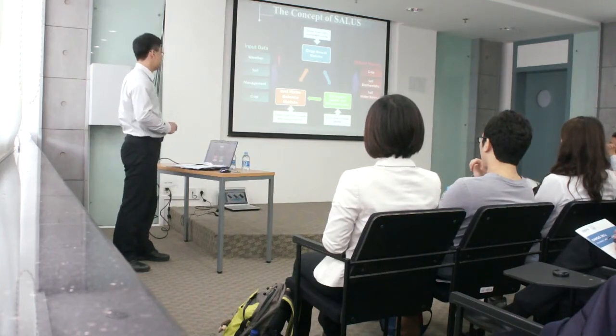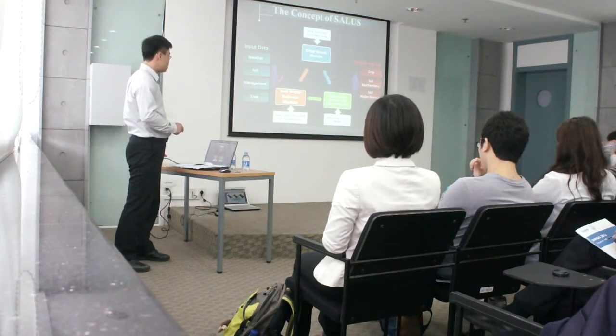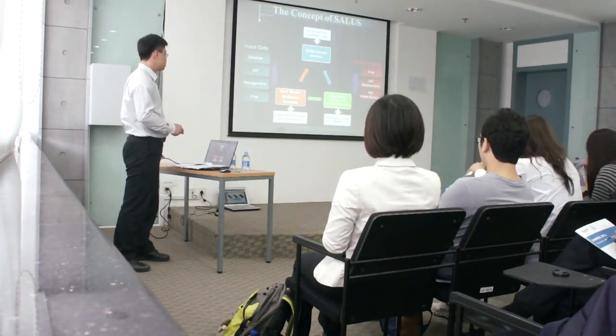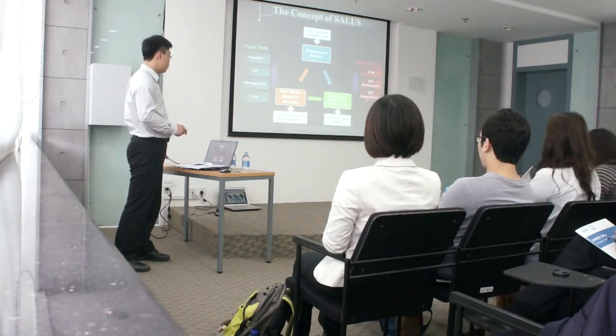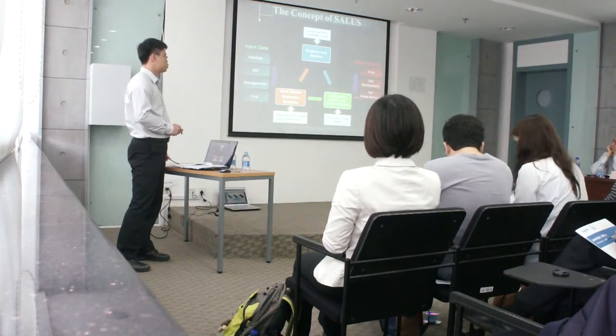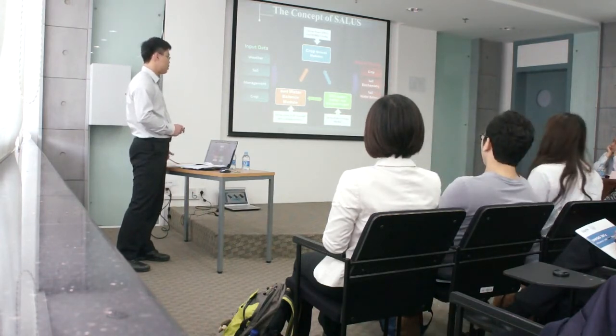And this input data will be calculated by 3 different modules in the model. And the model will produce hundreds of outputs. We could categorize the outputs into 3 different groups: crop, soil biomass, and soil water balance.